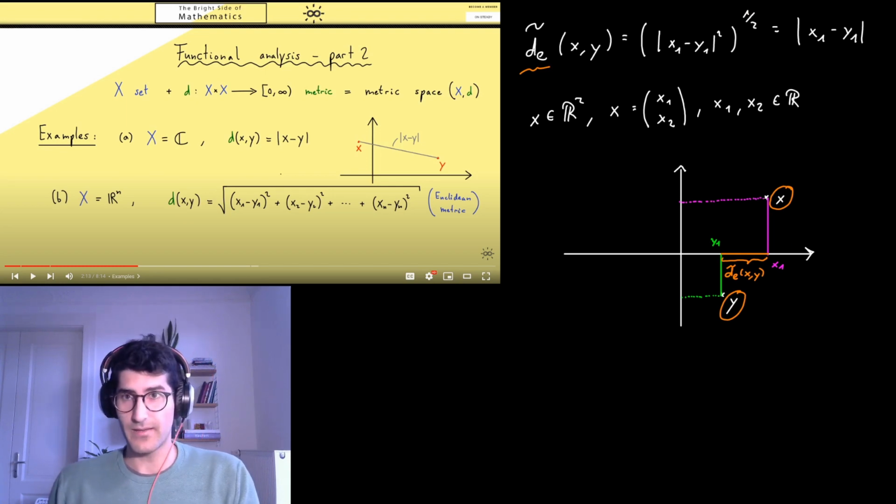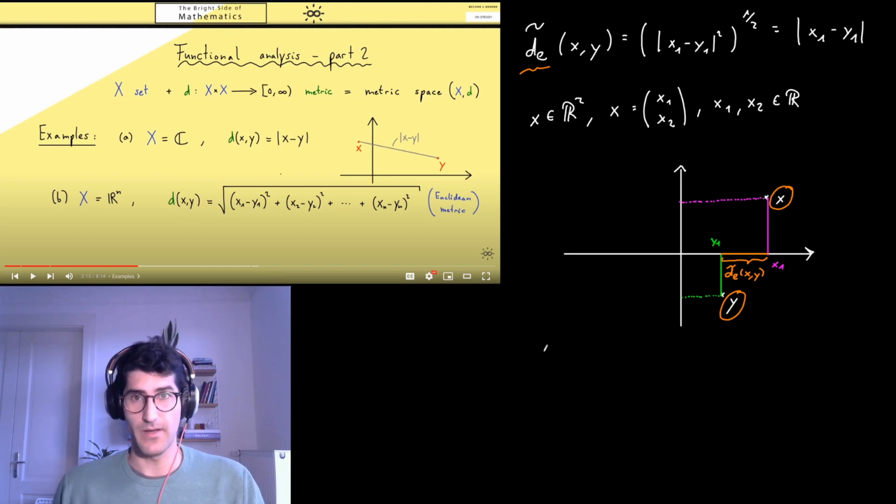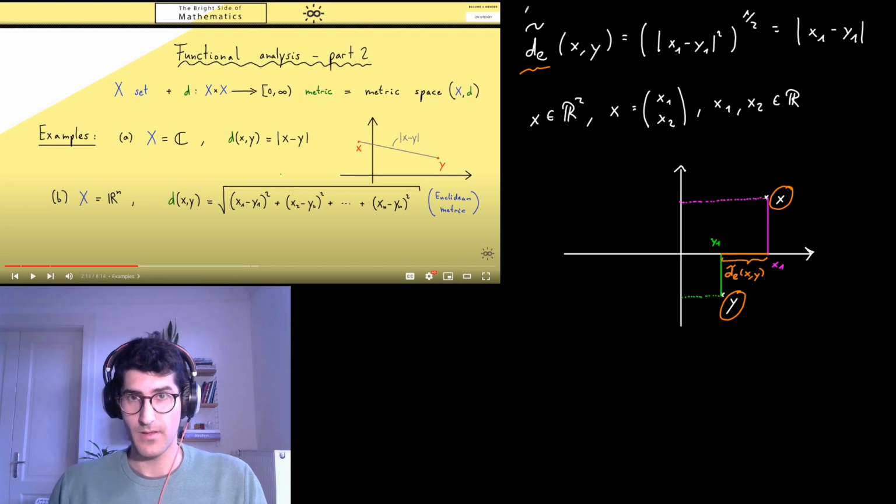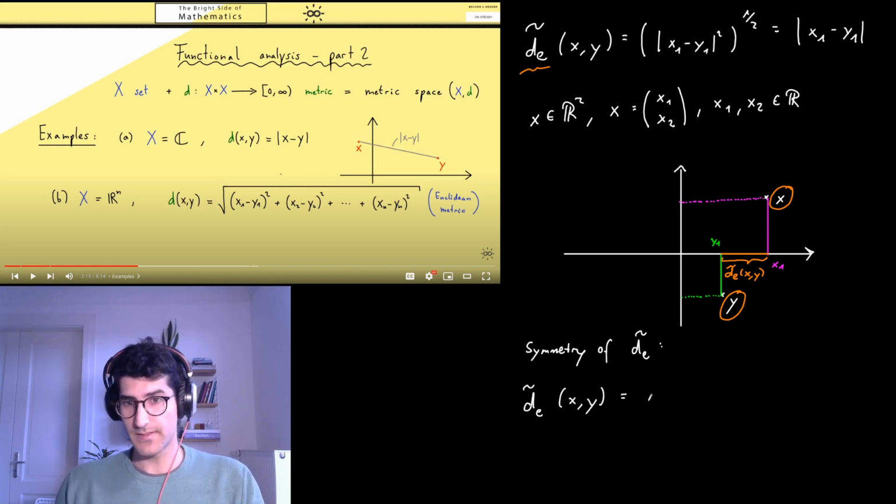Let us start with an easy observation here. We have three properties to check: symmetry, the triangle inequality, and definiteness. Let's do it in precisely this order. Let's start with symmetry of dE tilde. For this, we just take a look at dE tilde of two vectors x and y. By definition, this is nothing else than the absolute value of the difference of the first components.